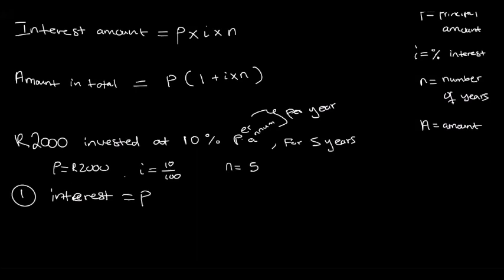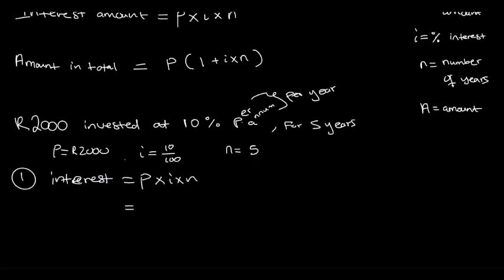Okay, and then what are you looking for? They're asking you for the interest amount. So interest amount is P times the interest rate times the number of years. So this will be equal to 2000 times 10 over 100 times 5.